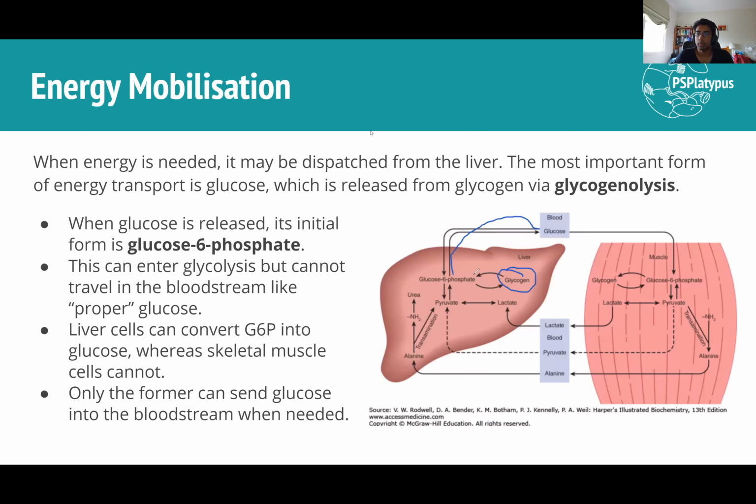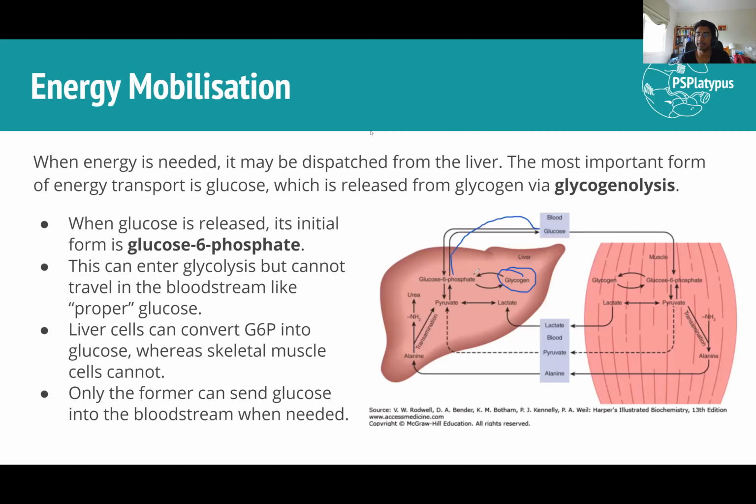When we break it down, it actually comes out as glucose 6-phosphate, which is a little bit different to glucose, enough to be distinct. And the main functional difference between glucose 6-phosphate and glucose is that G6P can't go in the bloodstream. It can only be within the cells, and glucose can go in the bloodstream.